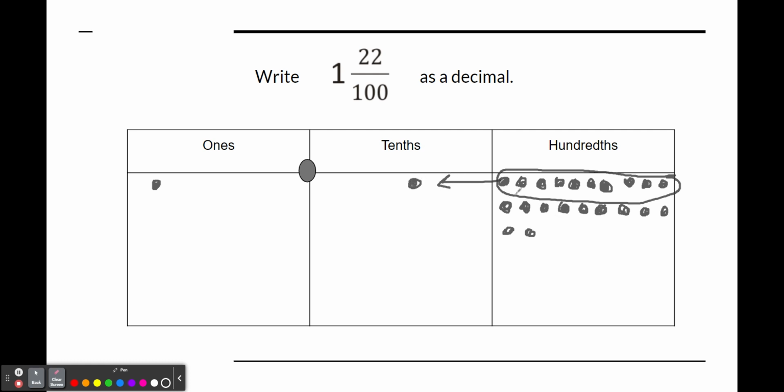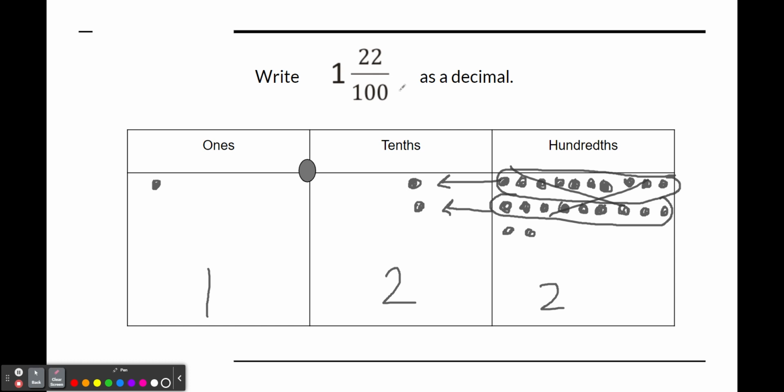I can do the same thing for these 10 hundredths, and exchange them for another tenth. So now I'm left with 2 hundredths, 2 tenths, and 1 one.